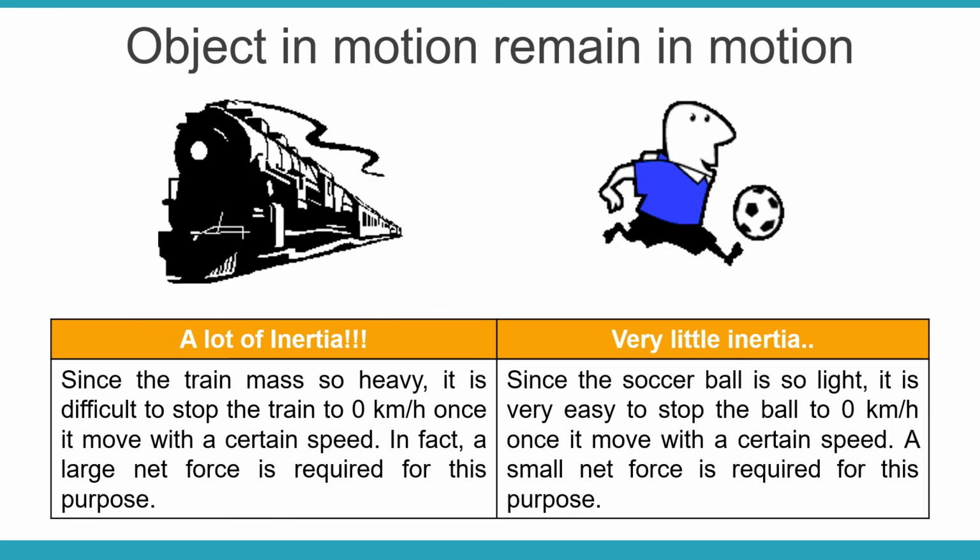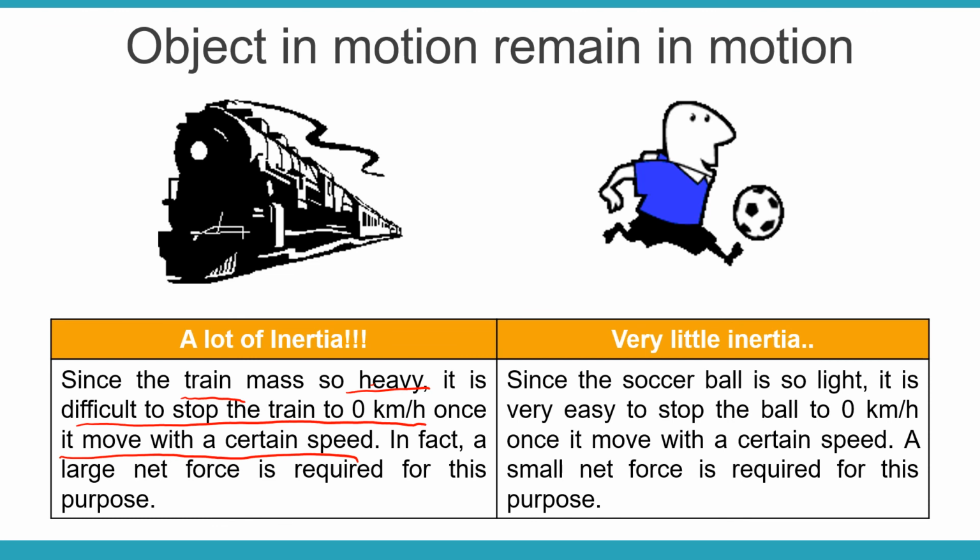Okay, so for example yang kedua, object in motion remain in motion. So contoh yang pertama adalah sama, iaitu train. So train mass so heavy, it is difficult to stop the train to 0 km/h once it move with a certain speed. Sebab tu kalau awak tengok kereta api dia tak boleh brake mengejut.